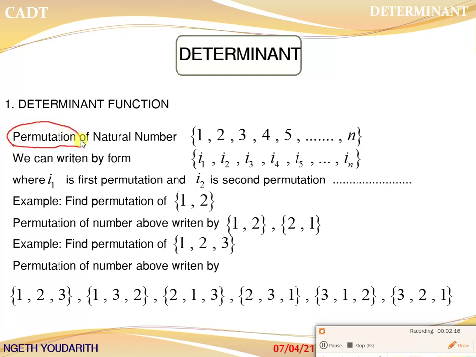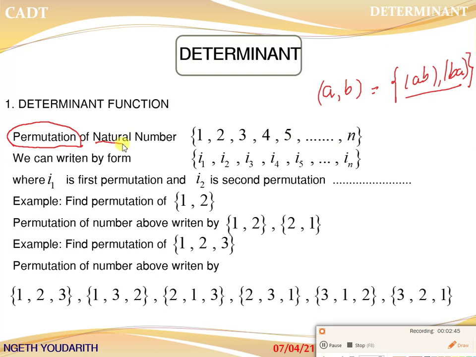Permutation means that if we have AB, we can write it as AB or BA. This is what we call a permutation. Between A and B, we have only AB or BA. This is the meaning of permutation.